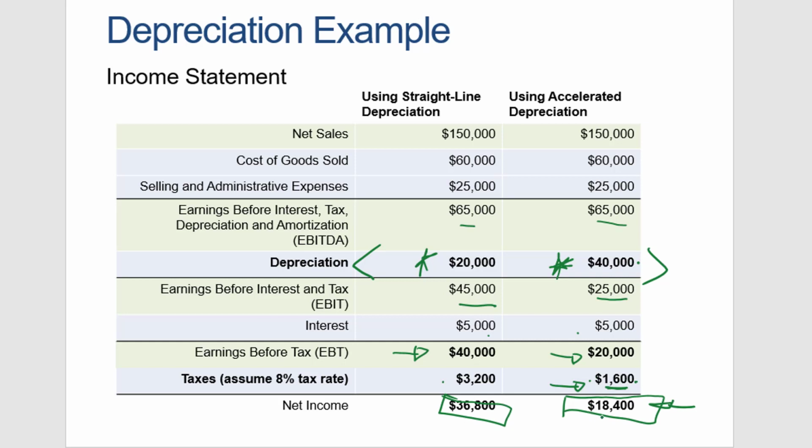They have the $18,400 plus the $40,000, because that depreciation was a non-cash expense. And on this side, they have that $36,800 plus they still have $20,000. So if we look at these closely, on this side, this number is going to be bigger than this one. And that's because overall, you got to pay less taxes by taking more depreciation.